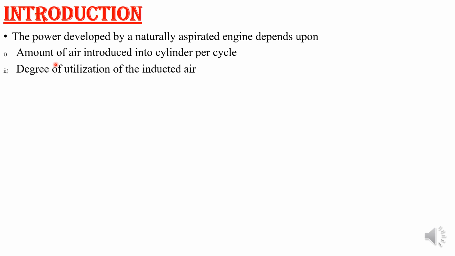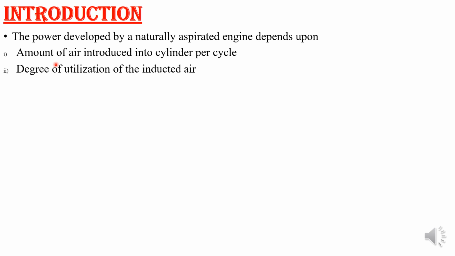Next one is the degree of utilization of inducted air. Whatever inducted air is there has to participate in the combustion. That means the oxygen present in the air has to participate in the combustion. Sometimes all the air present inside the cylinder may not participate, and some air will be wasted.